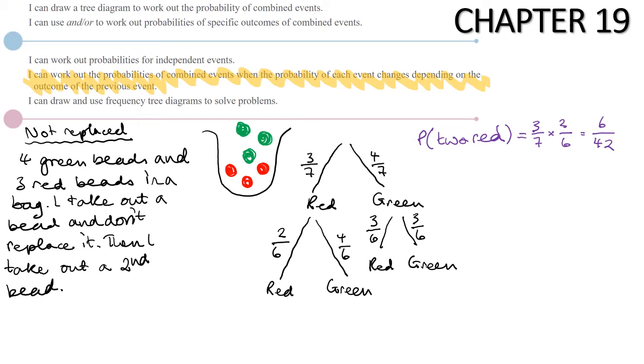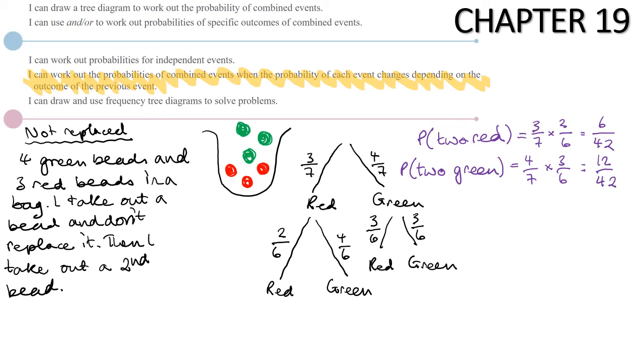Again, you don't have to simplify it. Okay, let's work out the probability that I pick 2 green. That'll be going down the other branch, which is 4 over 7, and then I would pick the other green, which is 3 over 6, and that would be 12 over 42.